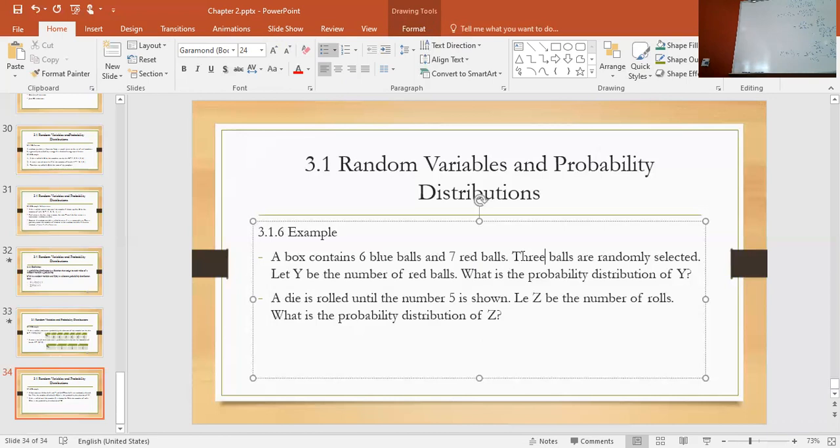That's 6 times 7 combination 2, over 286. 6 times 7 factorial over 2 factorial times 5 factorial. 6 times 7, 6, 5 factorial over 2 factorial.